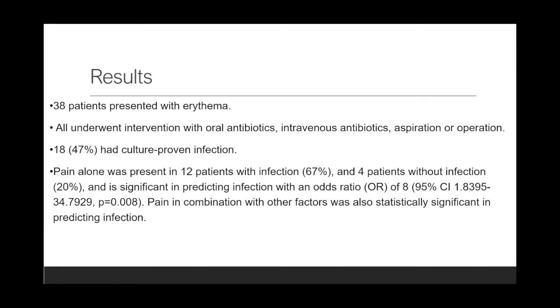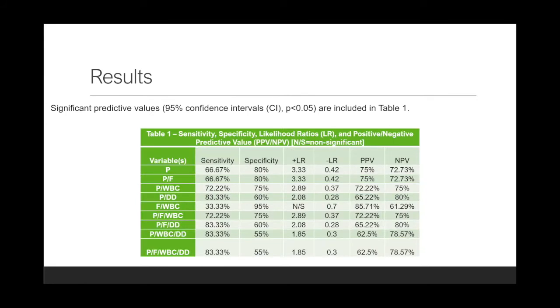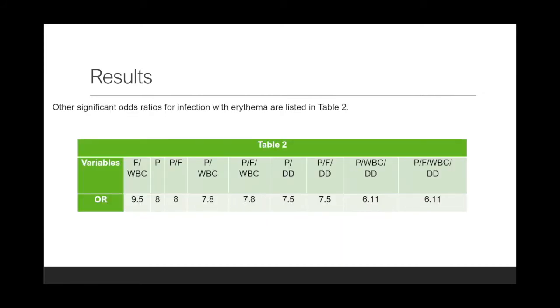Pain in combination with other factors was also statistically significant in predicting infection. Table 1 represents the variables with statistically significant predictive values for infection. Table 2 represents our data on the variables with statistically significant odds ratios for infection with erythema.